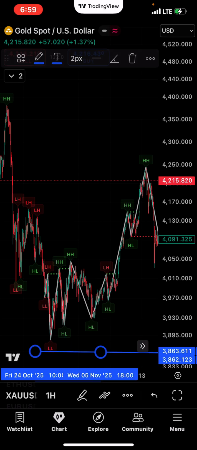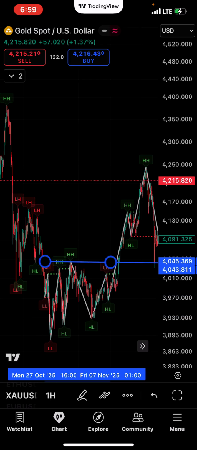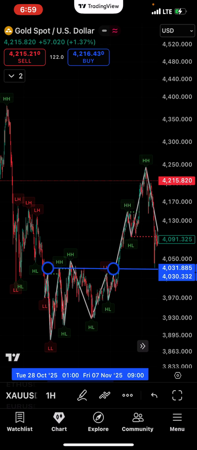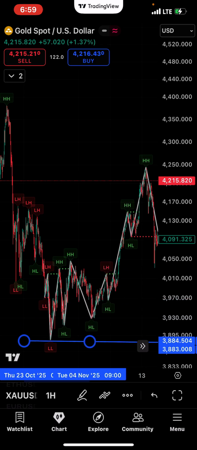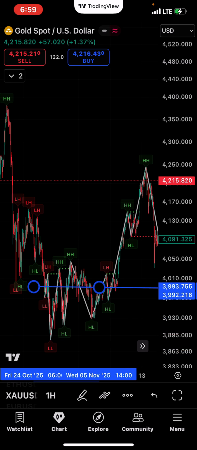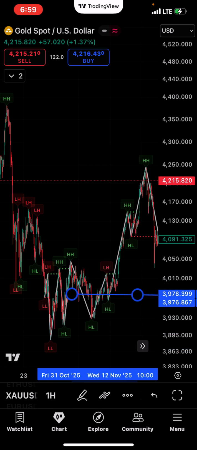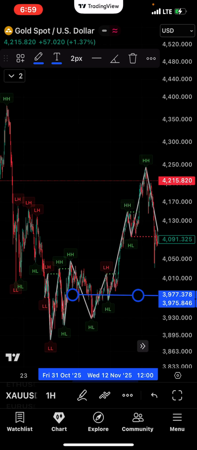So at this point, here is the higher high in the 1 hour time frame. What are we going to do? We are going to draw our Fibonacci extension from here to here to know where the market is going to react.